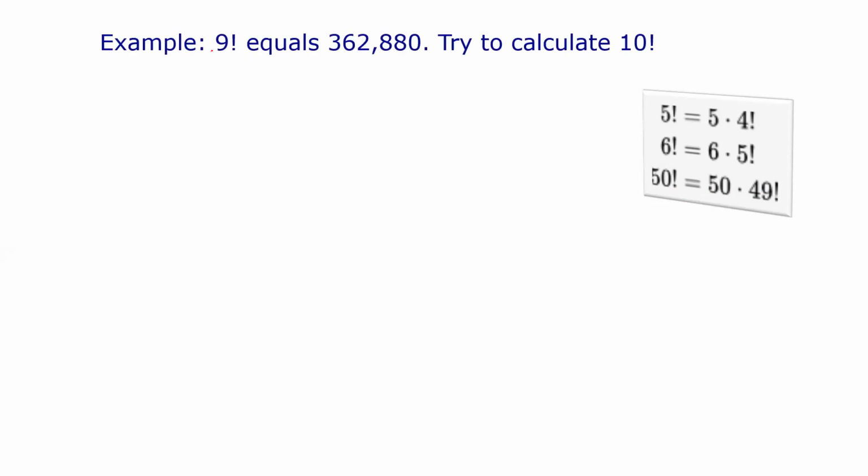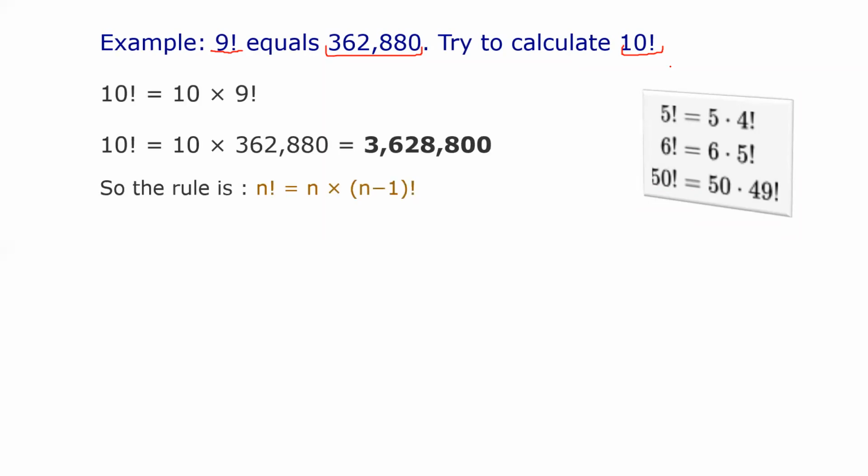For example, if 9 factorial equals this one, how to calculate 10 factorial? 10 factorial is 10 times 9 factorial. قديش بده يطلع؟ So 10 factorial is equal 10 times this one, بيطلع 3,628,800. So there is a rule that n factorial equals n times n minus 1 factorial.